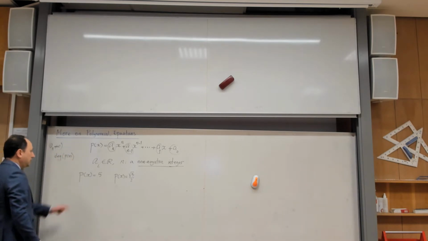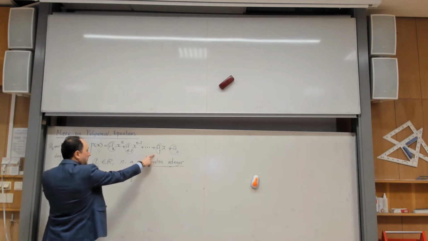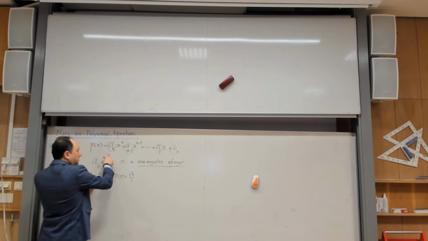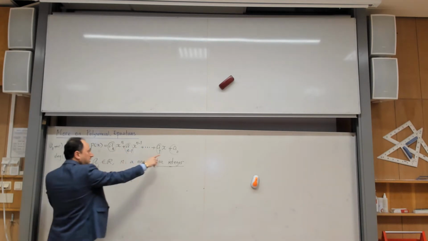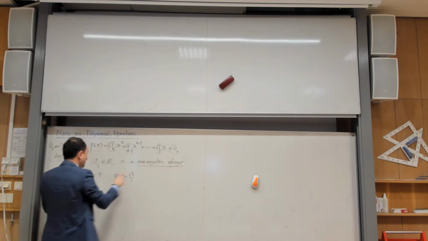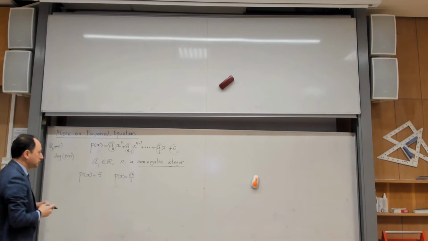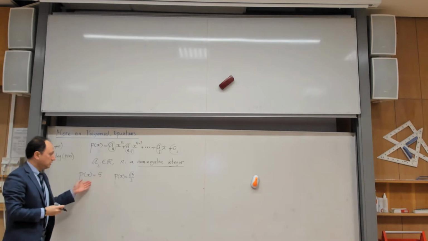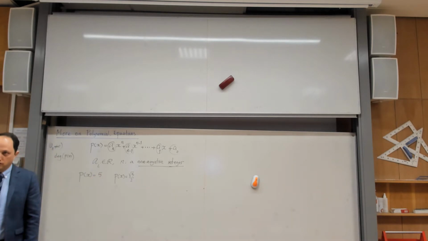If I have a constant polynomial, it means that every one of these coefficients of x is 0, and then the constant term is in this case 5, in this case the square root of 3 over 2. So these are actually polynomials of 0th degree. The degree of these polynomials is 0.